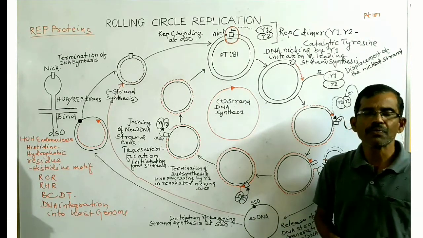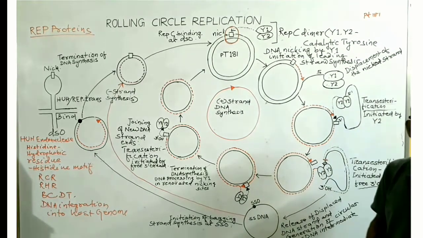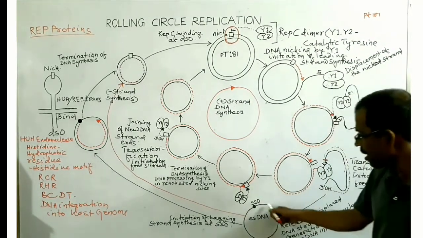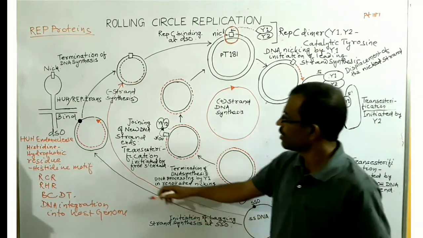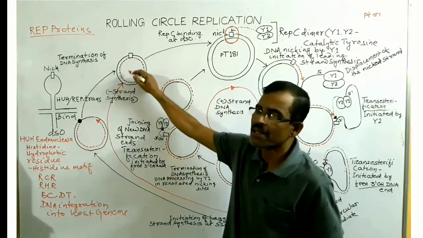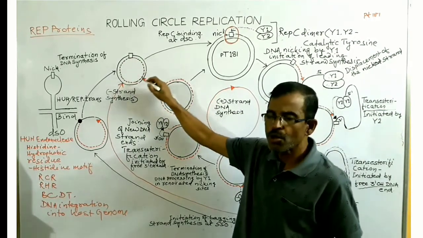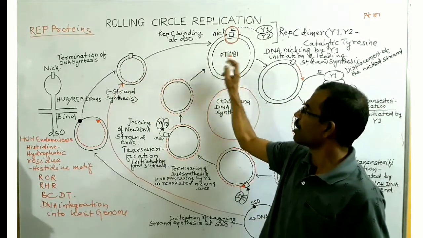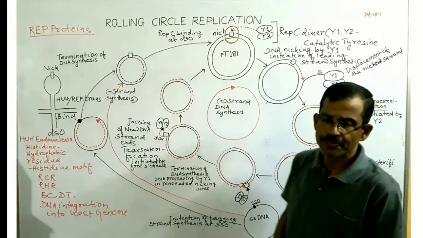So, with the help of enzymatic machinery of the host, the circular single-stranded DNA is finally converted into a double-stranded DNA. So, one more molecule of PT181 is generated.